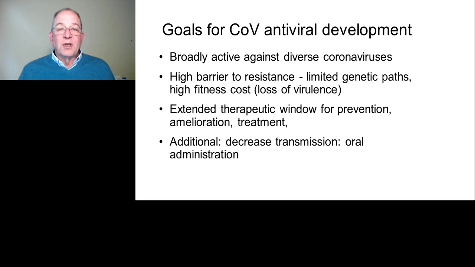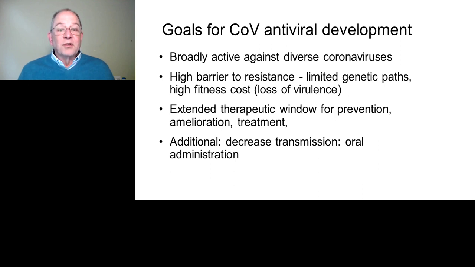I'm not going to spend a lot of time on it today, though I would like to talk about the unique superpowers of coronaviruses, the only RNA virus family with proofreading and the capacity to limit access to it. But we were looking for things with a high barrier to resistance, those with limited genetic paths and a high fitness cost. In other words, if resistance arises, it would impact the virus detrimentally.